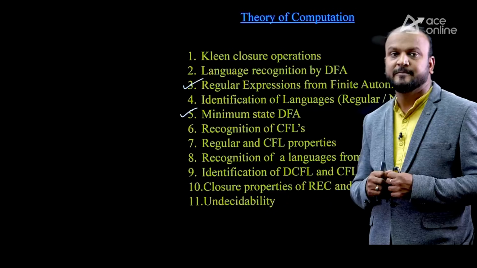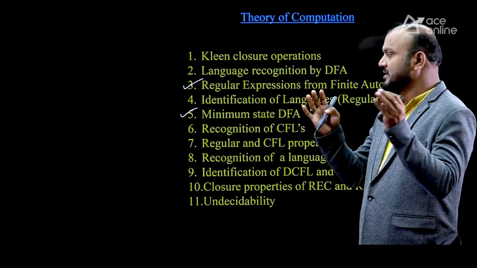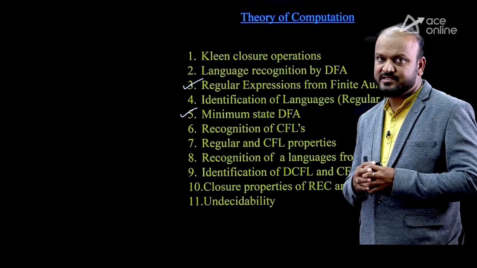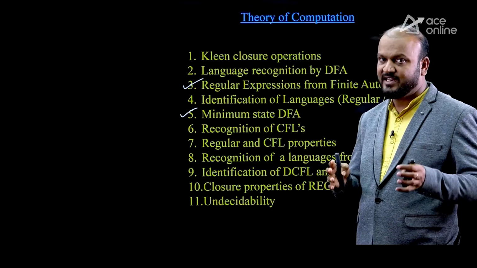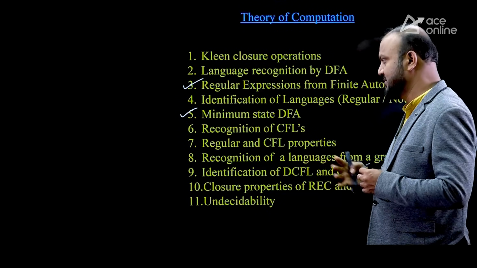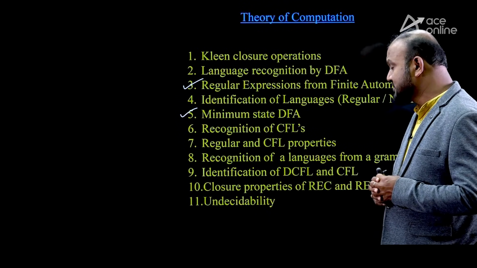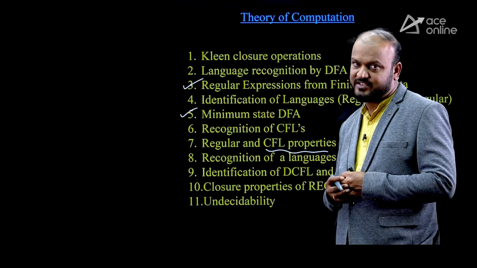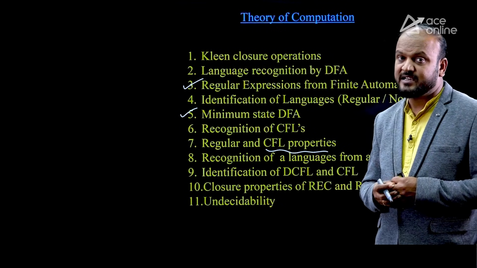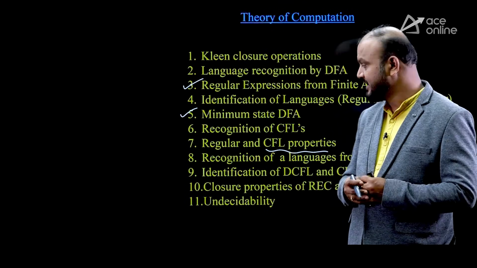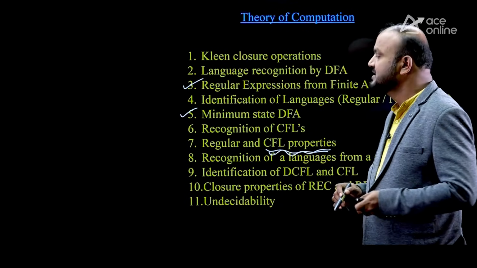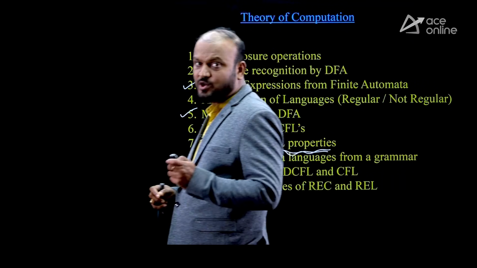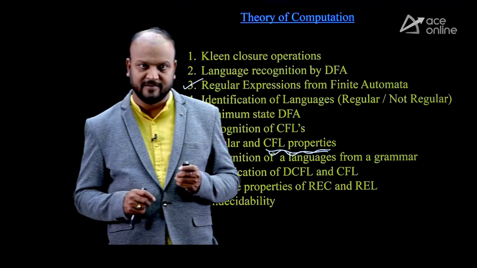Minimum state DFA means you can expect numerical answer type questions where a DFA is given and you must find how many minimum states are possible in the minimum state DFA. And also you can focus on closure properties of context-free languages, where you can expect more questions. Closure properties on CFL properties. These are some of the topics where you need to focus more.